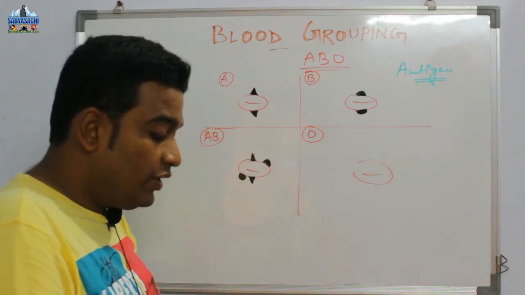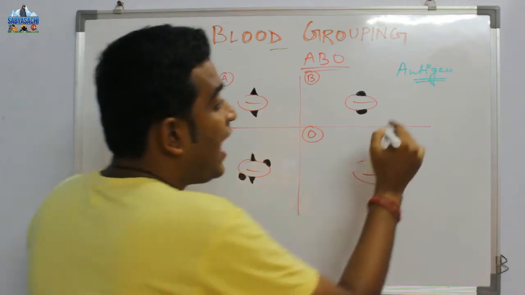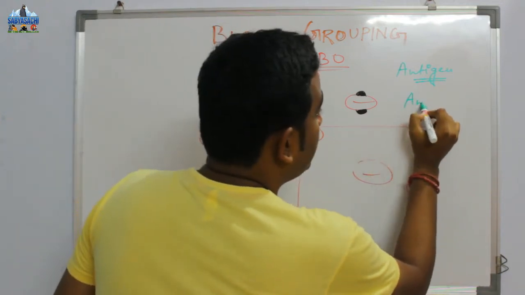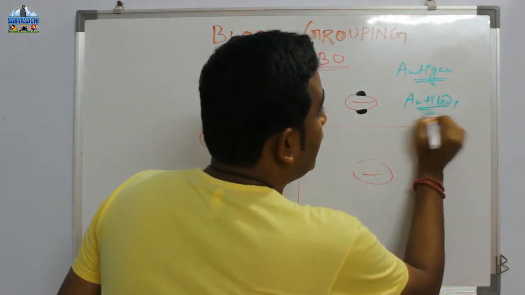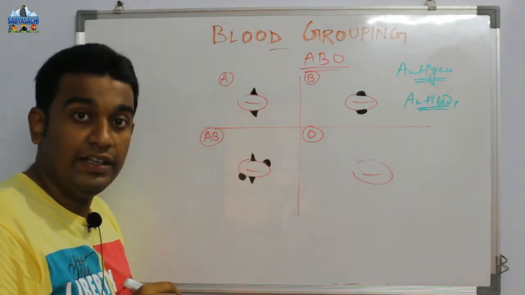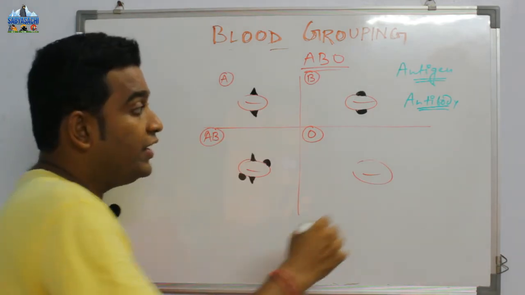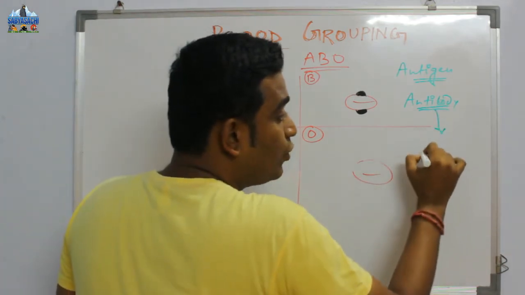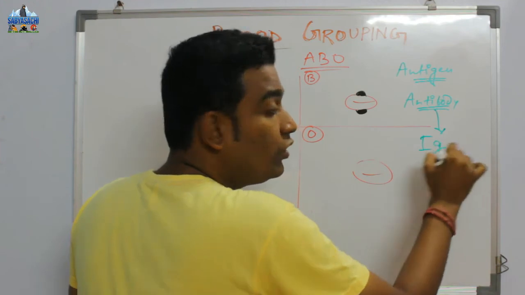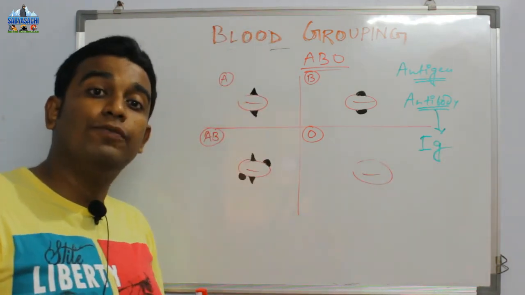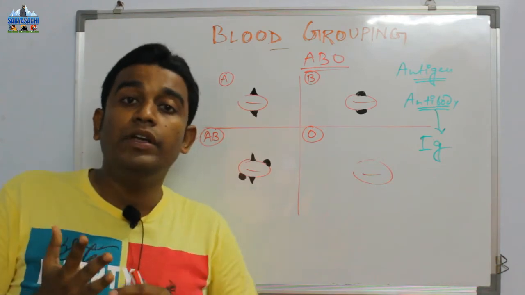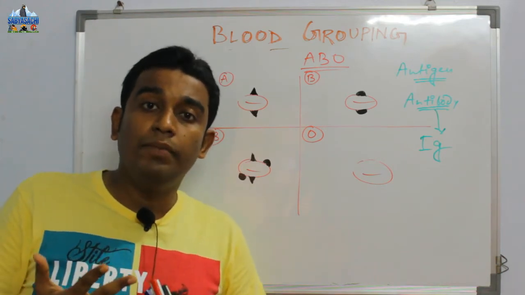And if you remember, we have one more protein which is known as antibody. And these antibodies, precisely they are known as immunoglobulin. So these are the globulin protein. You remember we have 4 types of protein in blood: albumin, globulin, prothrombin and fibrinogen.